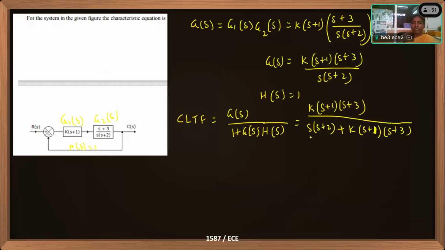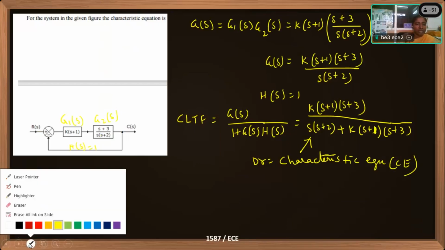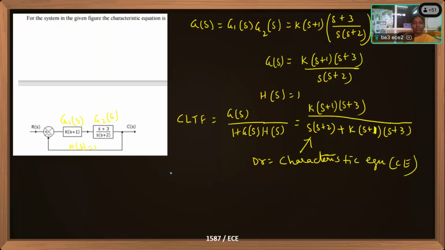Now, the denominator of this closed loop transfer function is nothing but the characteristic equation. This denominator is called the characteristic equation, CE. Now I will take that characteristic equation and simplify. The denominator is S into S plus 2 plus K into S plus 1 into S plus 3 equal to 0.